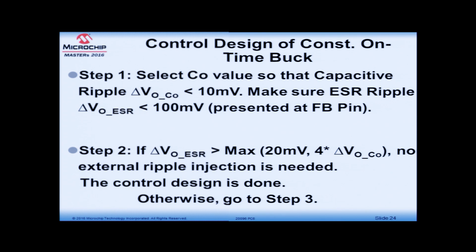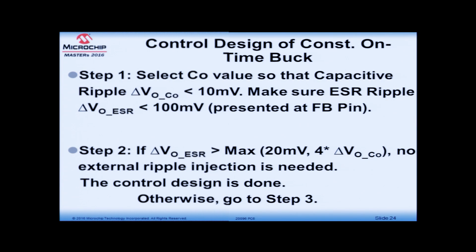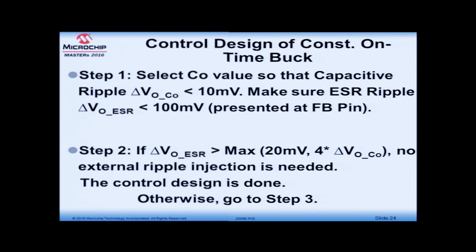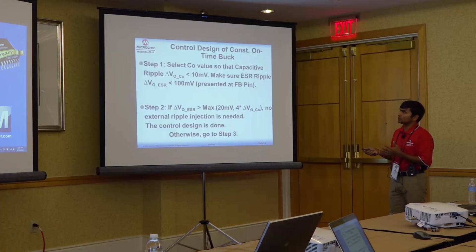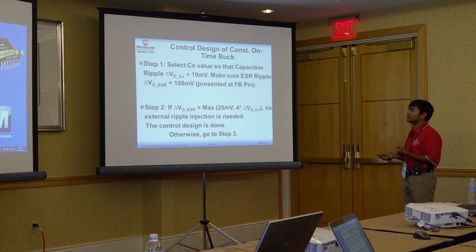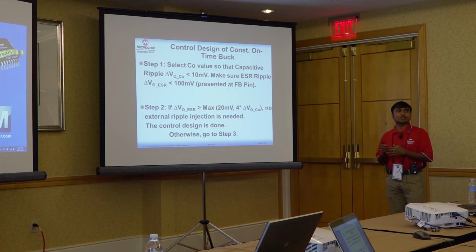So, let us go through how to design the control system. You select your output capacitor based on your ripple requirements. If you are using an electrolytic capacitor with a good amount of ESR and your application accepts it, then make sure that the ESR ripple voltage is 100 millivolt, and also make sure that the ESR ripple is more than either 20 millivolt or 4 times the capacitive ripple component, then no external ripple injection is required.